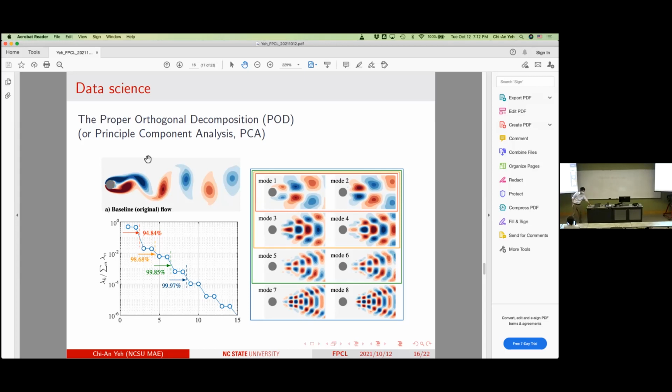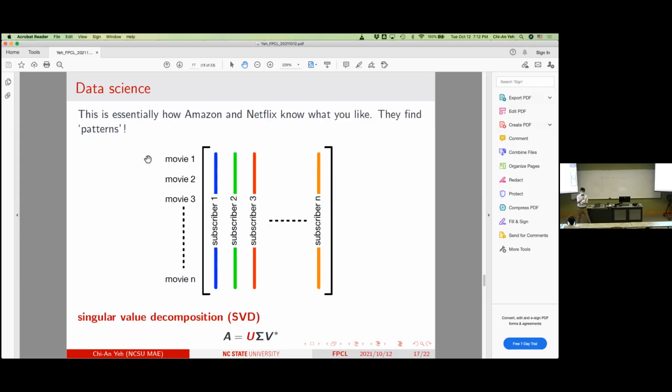This might still be big. Let me give you another example about how things in Netflix or Amazon work. And this is essentially the same as finding that flow field correlation pattern or coherent pattern. Let's just say Netflix keeps collecting the data of its subscribers. So you have subscriber 1, subscriber 2, all the way to a million or tens of millions of subscribers.